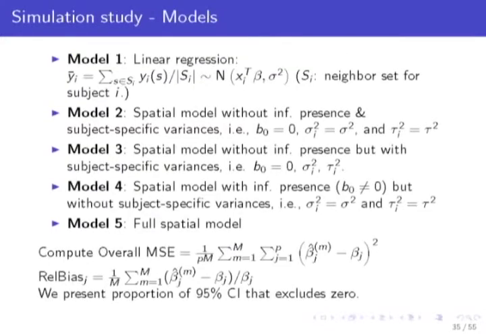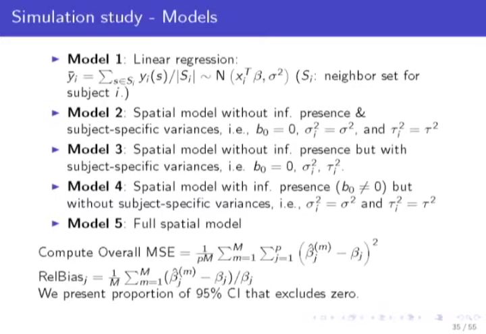Now I'm fitting 5 different models. First, I'm considering a linear regression, that is just y_i bar over all the sites for subject I. The next model is the spatial model without any informative presence and subject-specific variances, that is, I'm considering B0 as 0, and all the sigma I square is sigma, tau I is tau.